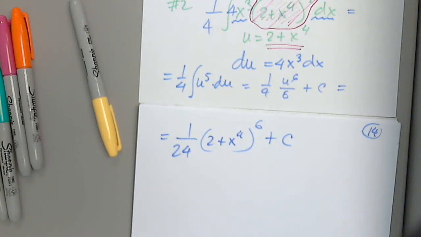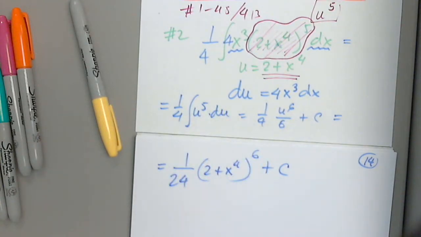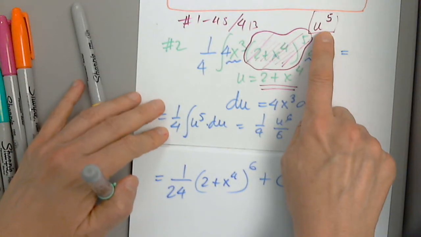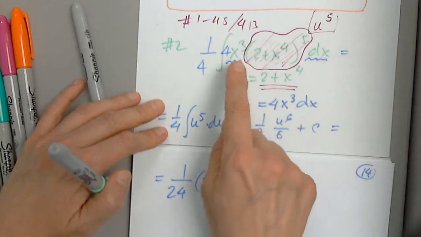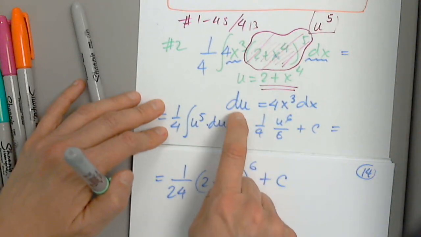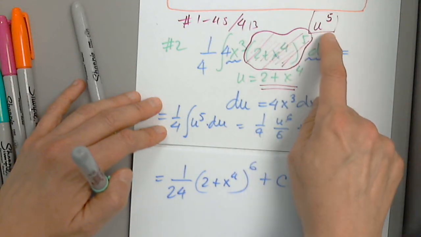This was a good warm-up. Yes, please. I don't understand where the u came from. Does the x cubed go away? So 4x cubed times dx will be all replaced by du. This piece is u to the 5th.